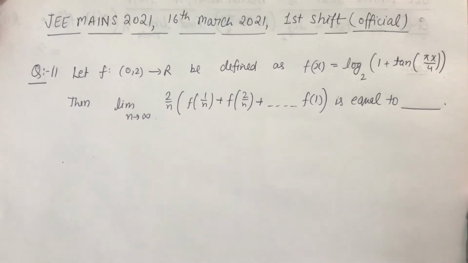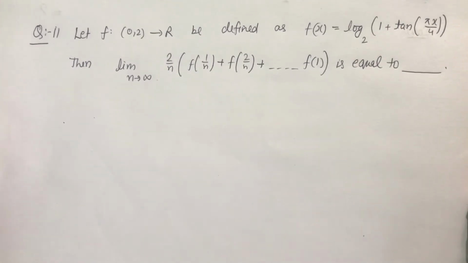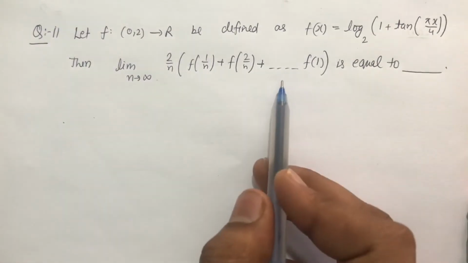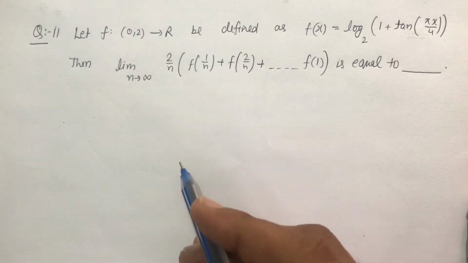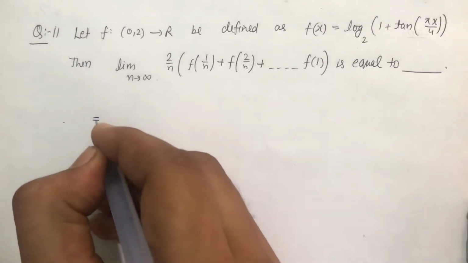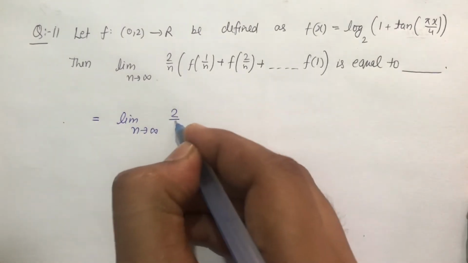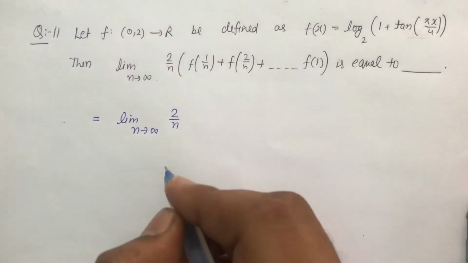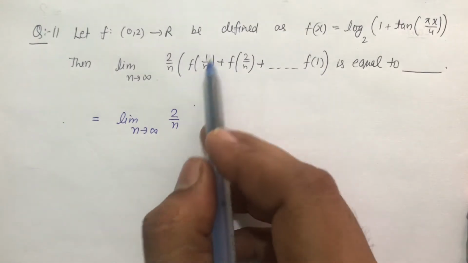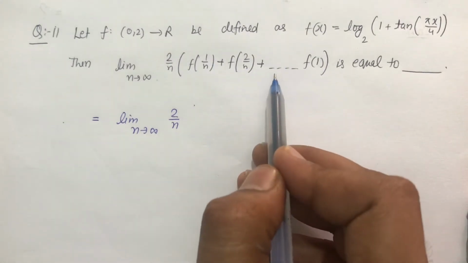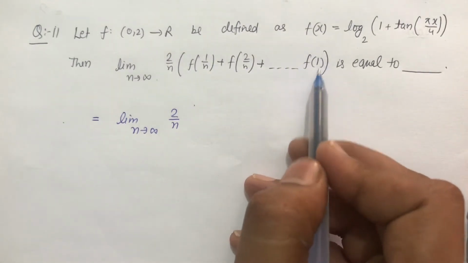How can we convert this? First step is you just write this expression in terms of sigma. So how can I write this expression in terms of sigma? Limit n tends to infinity 2 by n as it is. See, this is f of 1 by n, f of 2 by n, f of 3 by n and so on f of n by n.